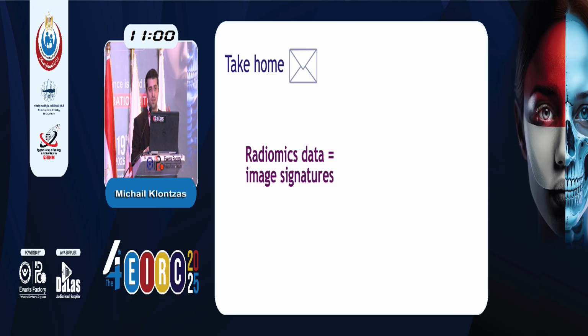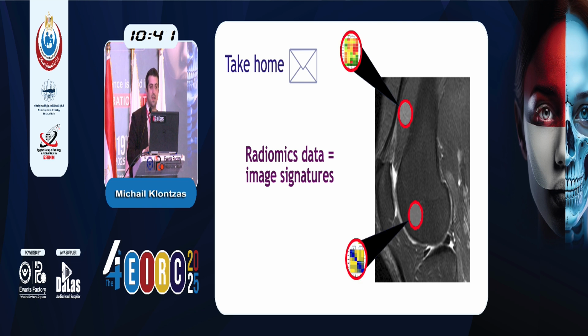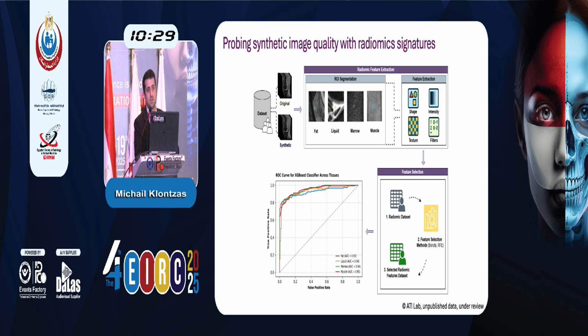So I would like you to think that radiomics is a way to get signatures from different tissues. So let's say that we have an MRI, for example, and you can analyze in a very detailed manner different tissues within this image, and you can get the image signature of the tissues. So we've tried to exploit this opportunity in radiomics analysis to compare original to synthetic images.